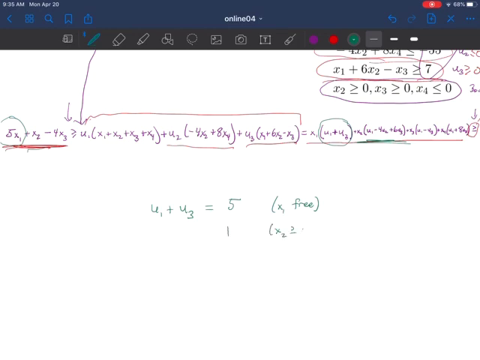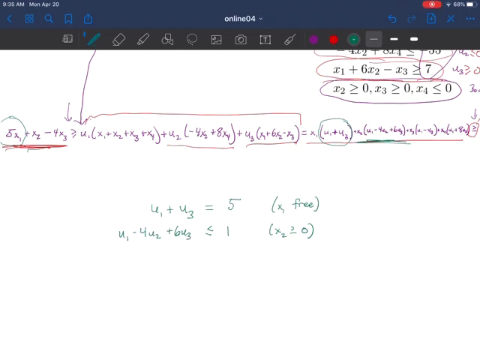Okay, let's do this here. The coefficient in front of x2 is a 1, and x2 is greater or equal to 0. So this has to be less than or equal to 1.